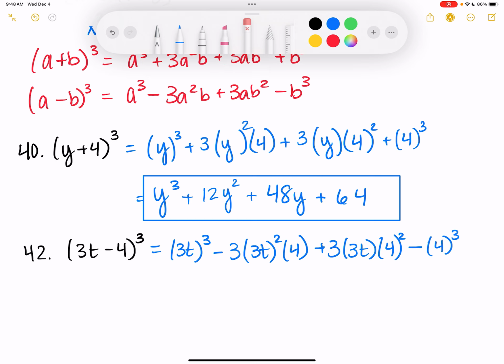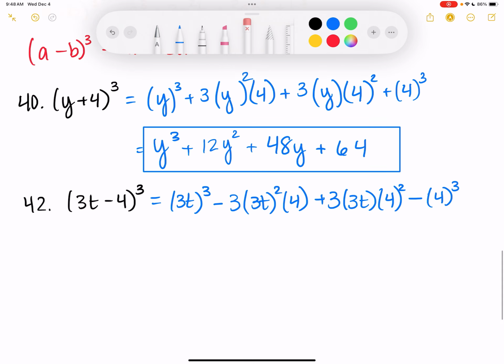So this ends up giving me 27t cubed minus, 12 times 9, was that 108, negative 108 t squared, plus, 12 times 12 is 144, so 144t, and then minus, was that 64?